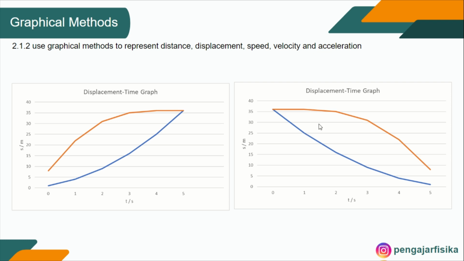For the blue one, the object is going to the left, decelerating. Meanwhile, the orange one is going to the left with acceleration, because for the orange one, the decrease of the displacement is more significant as time goes.